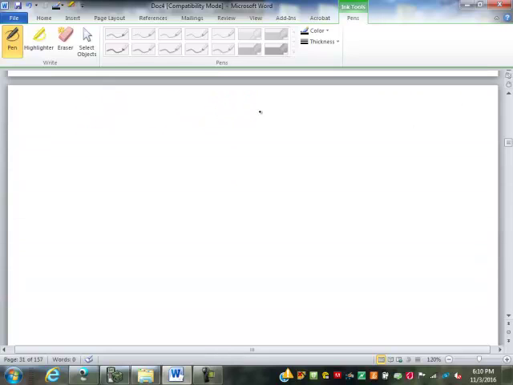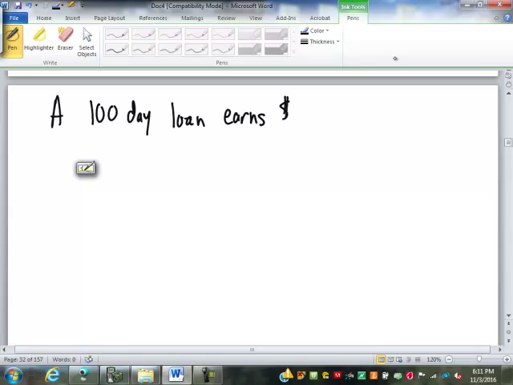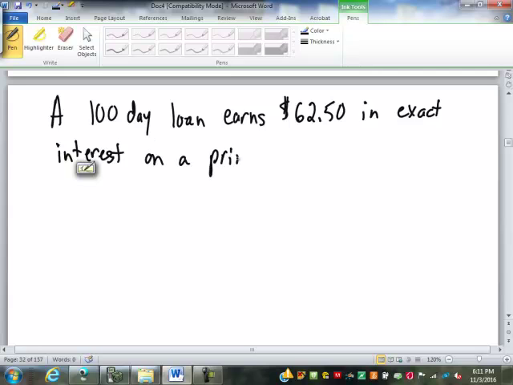Okay, so let's do another one similar to that. Let's say a 100-day loan earns, it's a little more believable, it earns $62.50 in exact interest on a principal of, what do I put in here? $18,000.